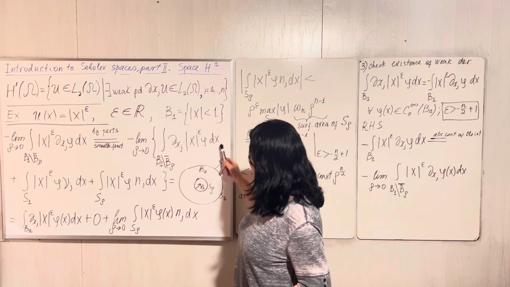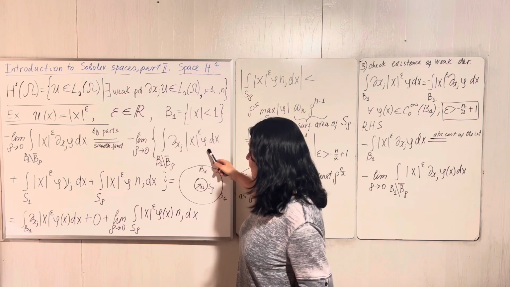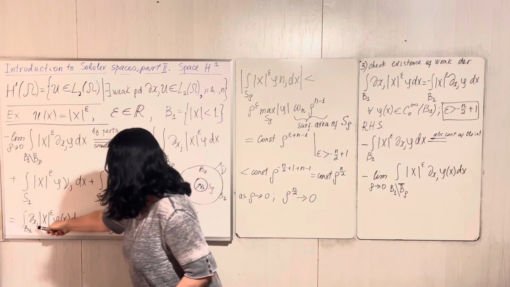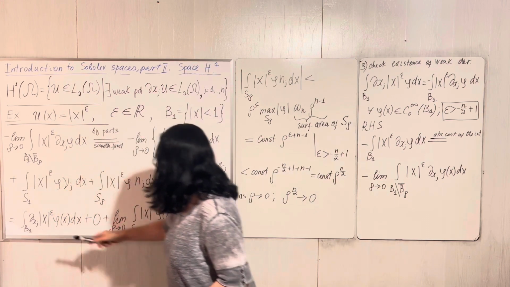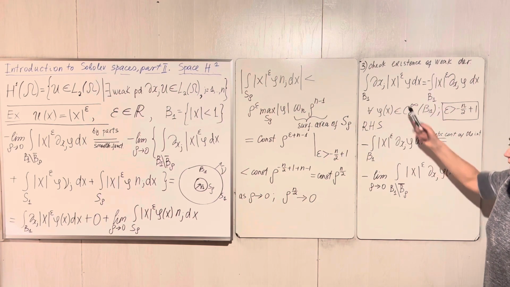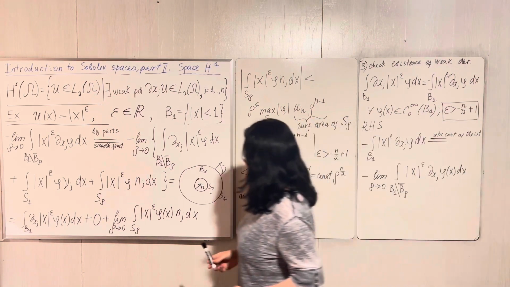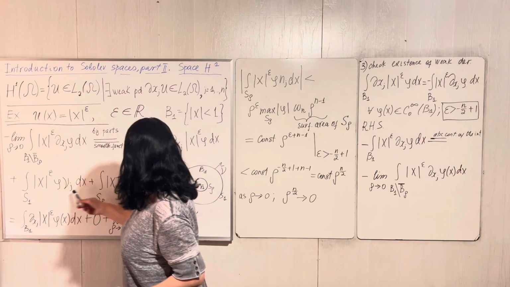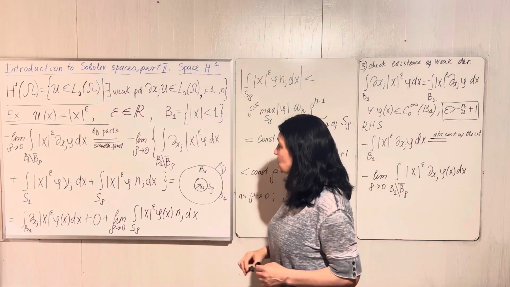Now let's see what happens when we compute the limit. Our first integral will approach this one, and that is what we want to obtain. It is here. So it means that we need to show that the other two integrals will go to zero.